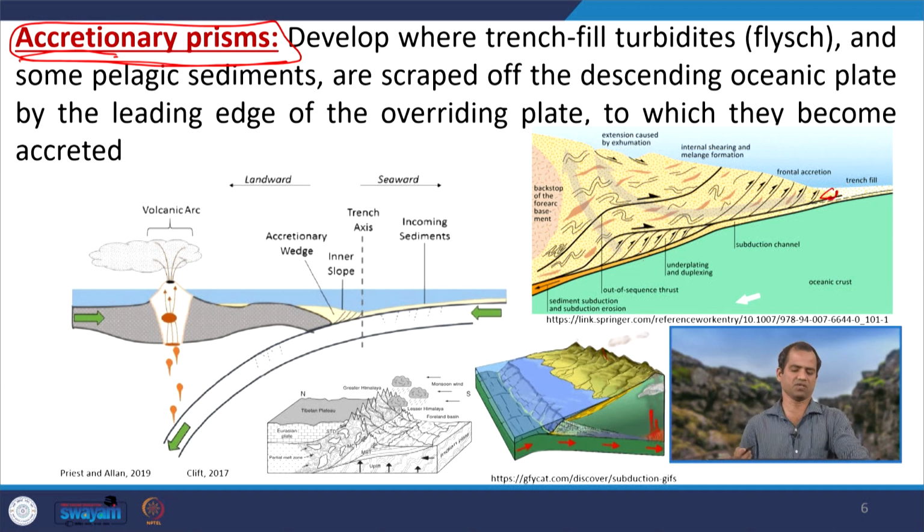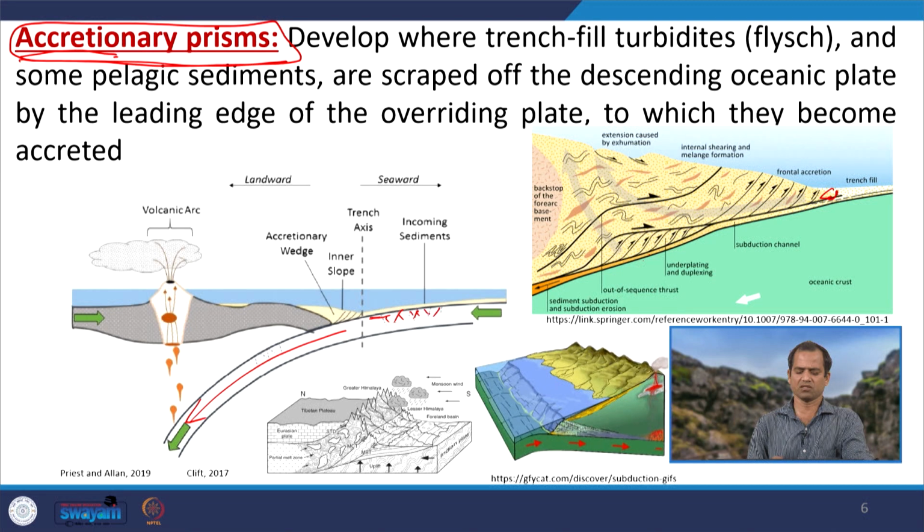So, how is it happening? This accretionary prism develops where trench-fill turbidite, flysch sediment and more pelagic sediment are scraped off the descending oceanic lithosphere and the leading edge of the overriding plate, by which it is accreted. For example, we have a plate which is subducting down, and we know this is the basaltic system and these are the faults.